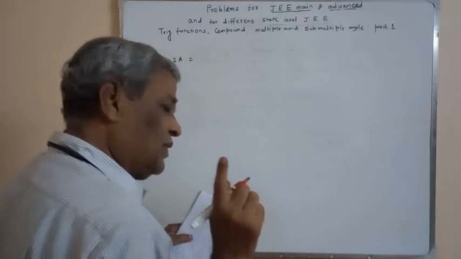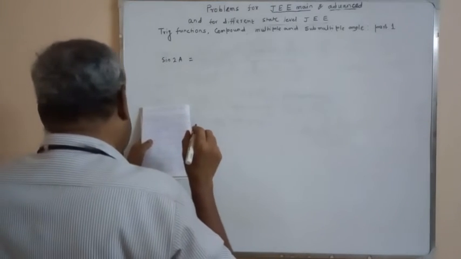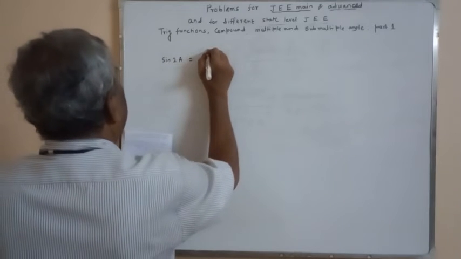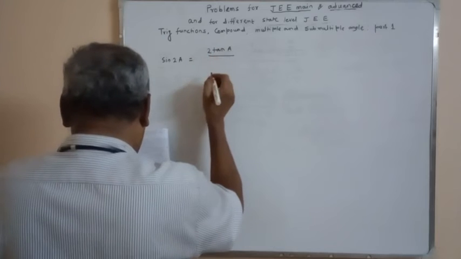It is 2 sine a cos a, but other than that, in terms of tan, it is 2 tan a by 1 plus tan square a.